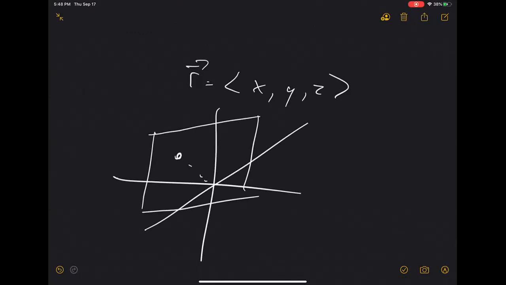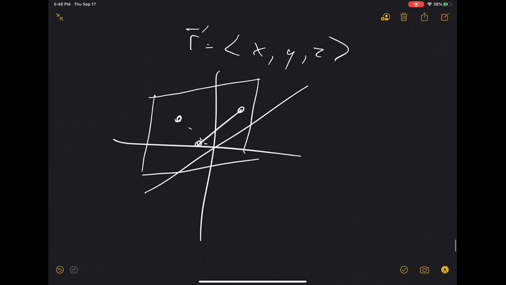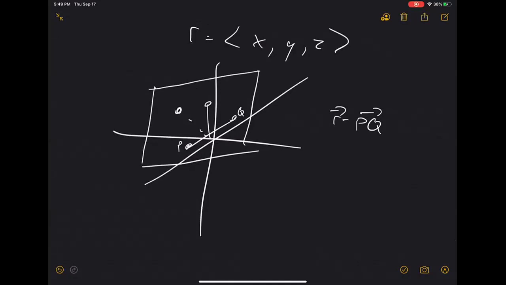Okay, so that's R. And then let's say this is P. Let's say this is PQ. If we did R minus PQ.